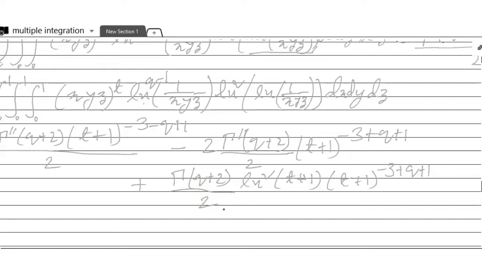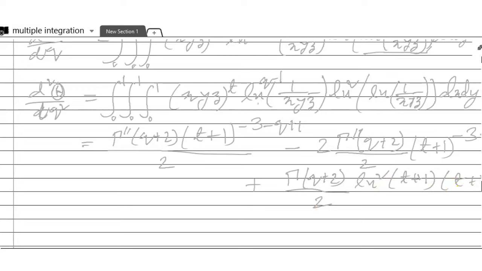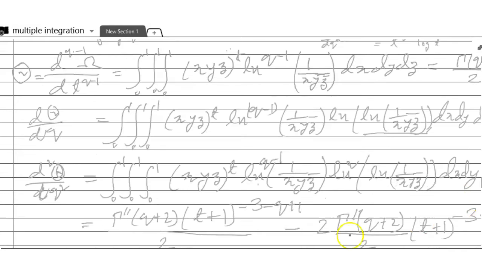So friends, this is the way I get it. And here also ln t plus 1, because it is a simple double derivative, friends.